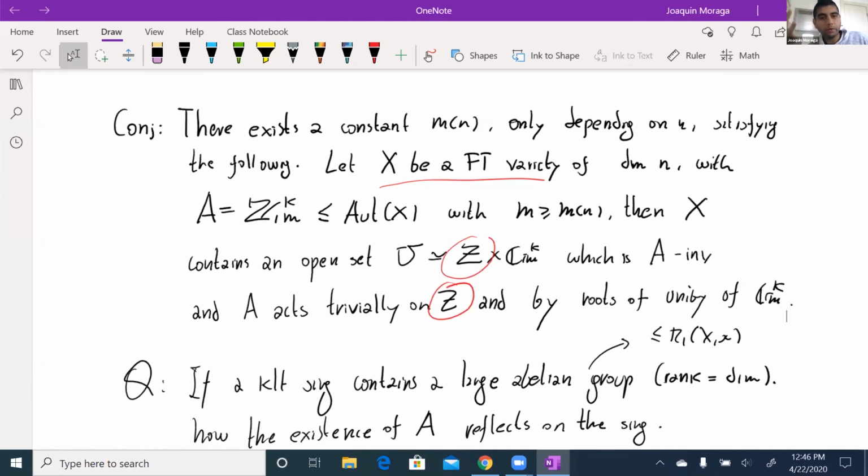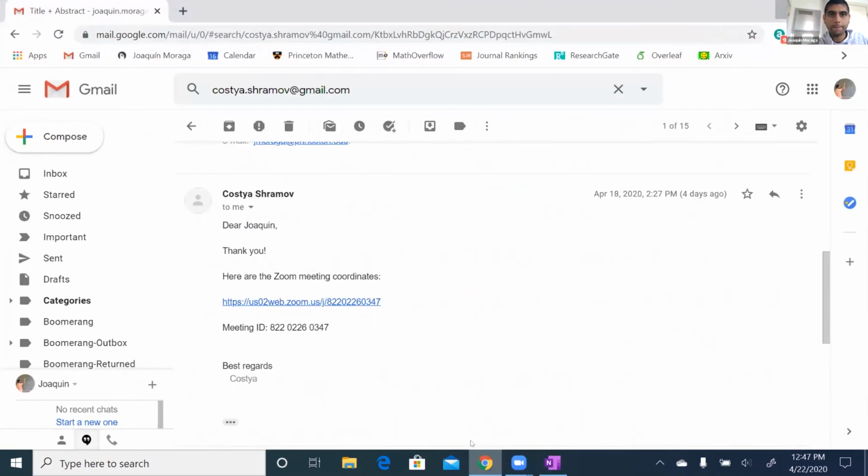I have thought about the log canonical case as well, but I always fall into the same problem: how do you control the pi 1 of a pure Calabi-Yau variety? And this seems to be pretty hard. Of course. But I think that what you mentioned is really interesting for me. Maybe the rational log canonical case is something that is doable.